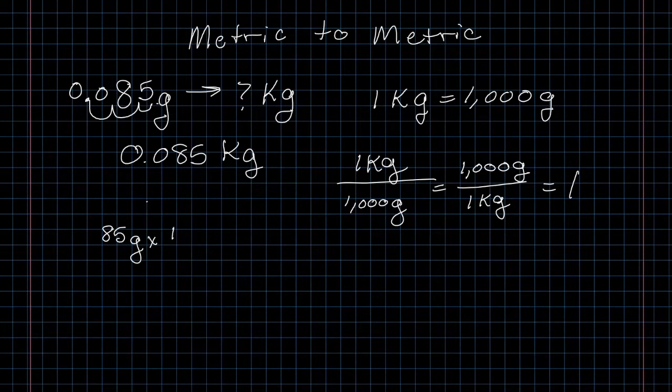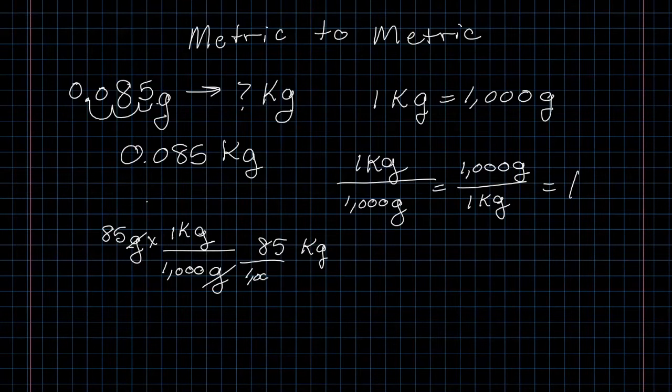And we're going to do 1 kg over 1,000 g. Grams will cancel out, and you get 85 times 1, which is 85. Answer will be in kilograms, as we would like it to be, and you divide that by 1,000.